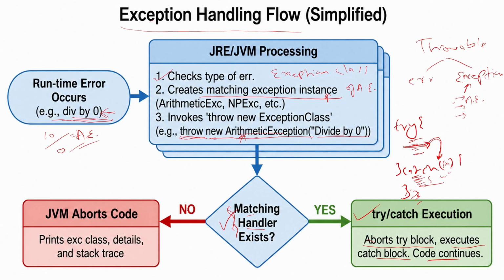In that case, the JVM will abort the code immediately and print the exception class details and the stack trace. So whatever error details, what the exception class is, what the reason is, it will print those details, but the program will be terminated immediately. So this is the advantage of providing the handler. Handler means try and catch block.